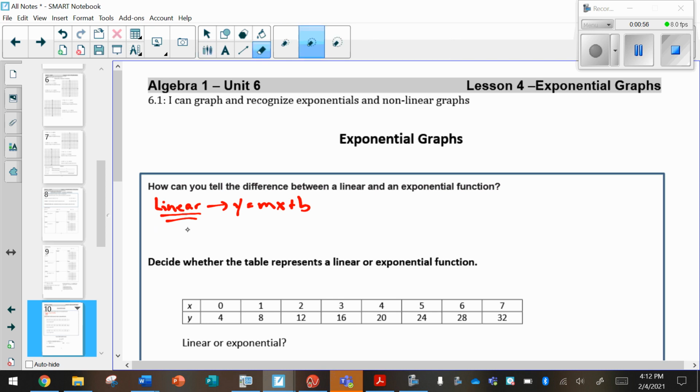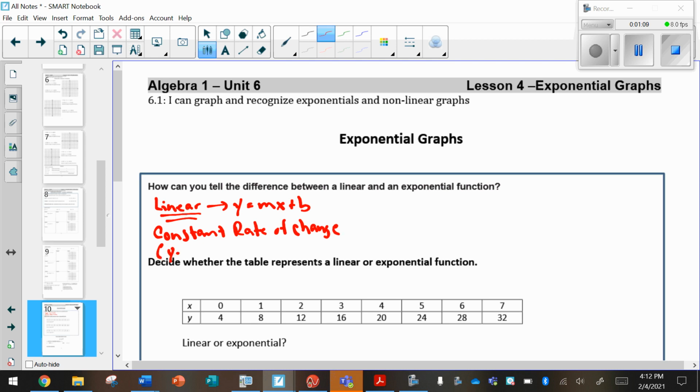What that means is the y values change by adding or subtracting.